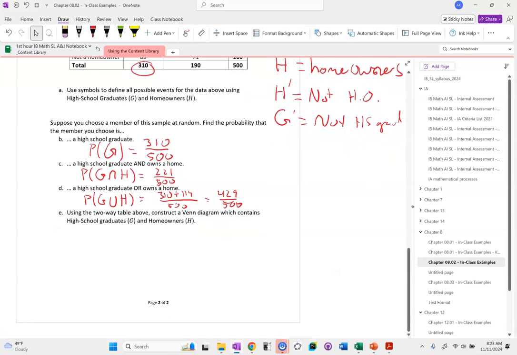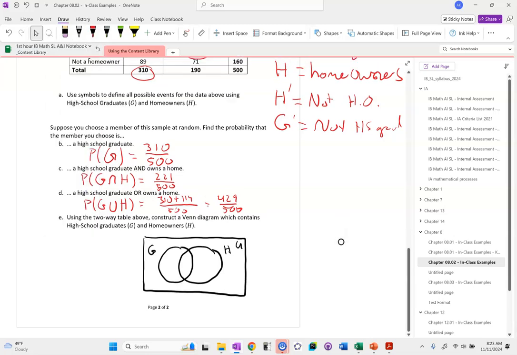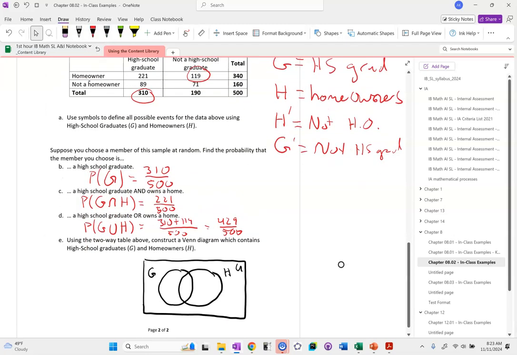And then it says, using the two-way table above, construct a Venn diagram which contains high school graduates and homeowners. Okay, where do we start labeling? The middle. What number goes in the middle?